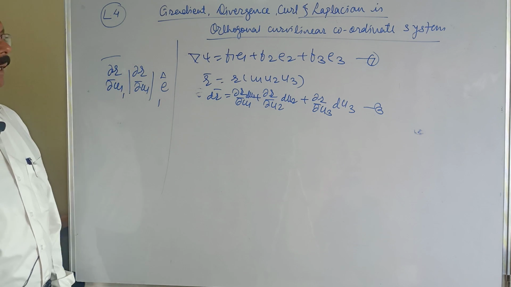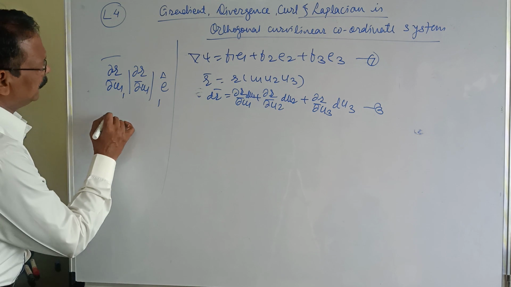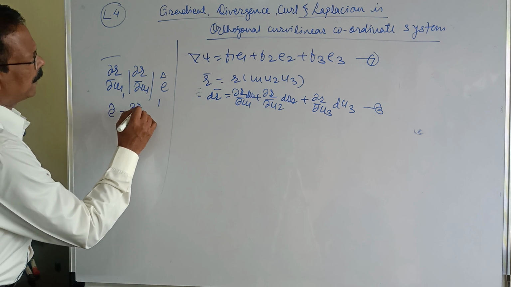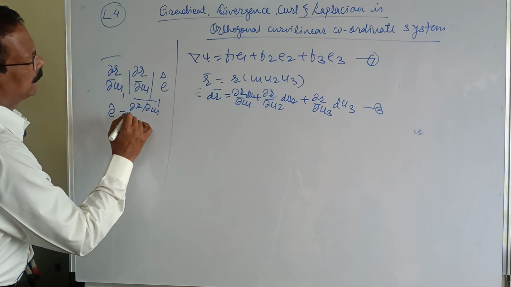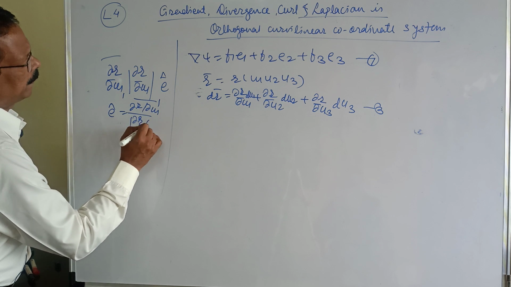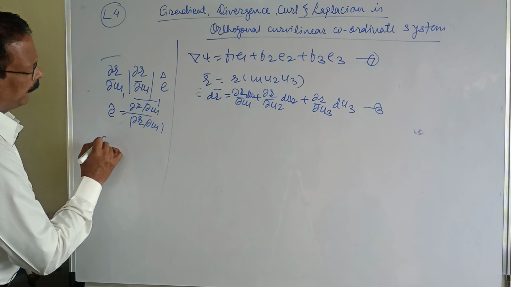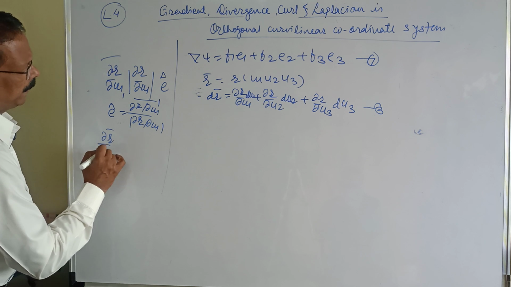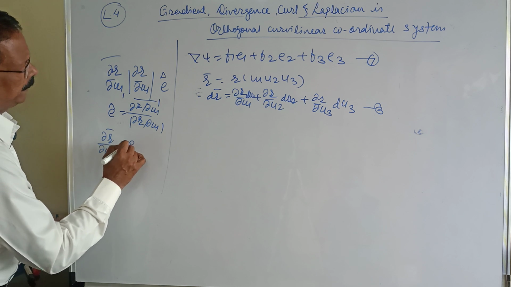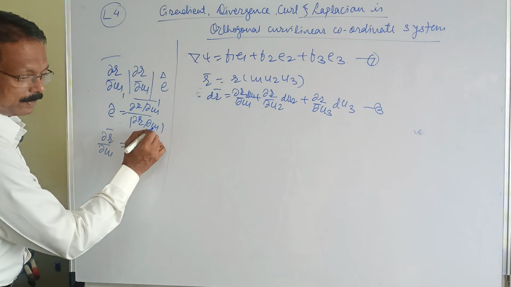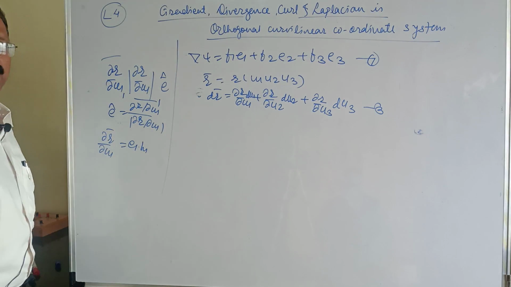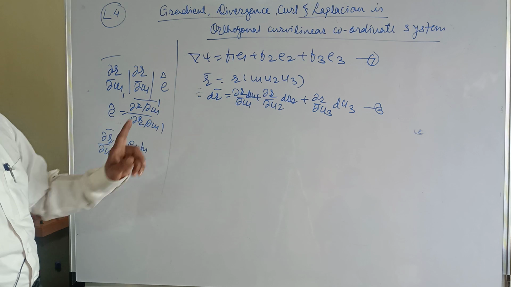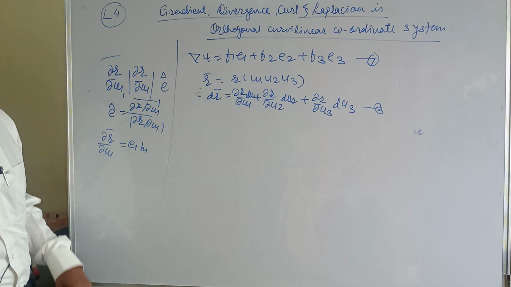Last time we saw what e cap is. e cap is equal to del r bar by del u1 upon mod of del r by del u1. So del r bar by del u1 is equal to e1 multiplied by this, and we say that it is equal to h1. So del r by del u1 is equal to e1 h1.